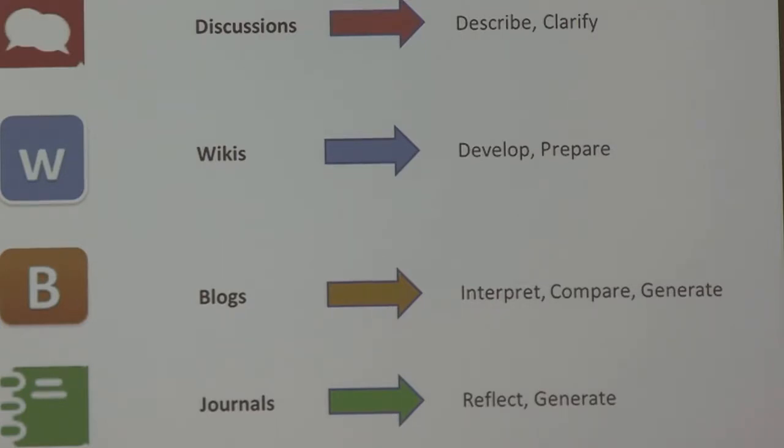And you can use these in a variety of ways. Discussions are more or less, you pose a question as an instructor and then students respond with either facts or opinions. Wikis is something that they prepare. Each student is an editor responsible for certain content.